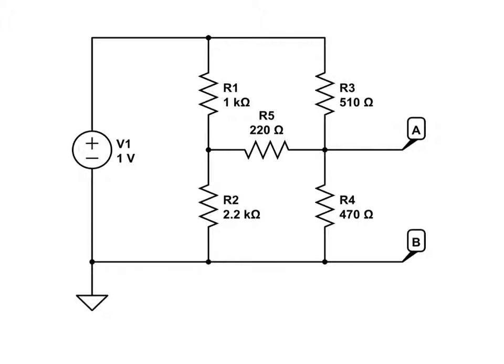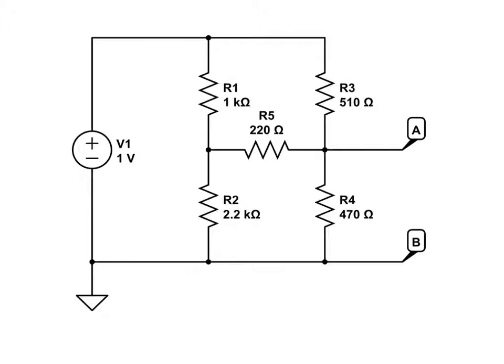The difficulties lie in the fact that this node and this node right here, node A and the node on the other side of R5, are connected in between the series arrangement of R1 and R2 and the series arrangement of R3 and R4. Because of this, R1 and R3 do not have the same potential difference across them.